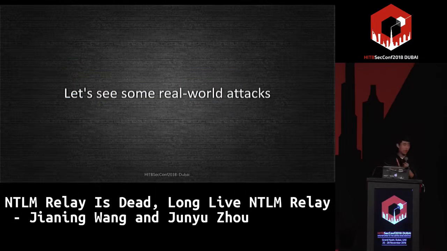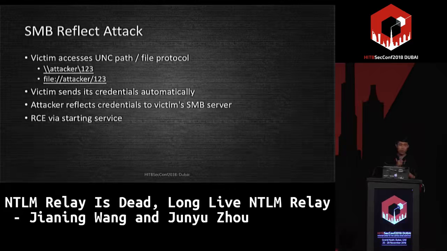And let's see some real world attacks. The first one is called SMB reflect attack. When the victim accesses a UNC path or a file protocol, just like this, the victim will send its credentials automatically.